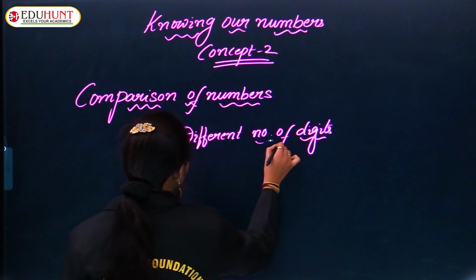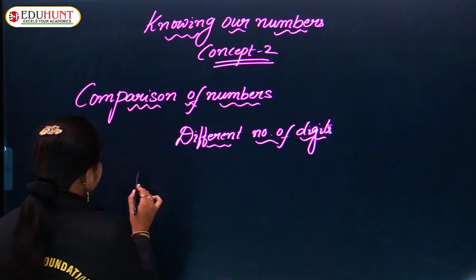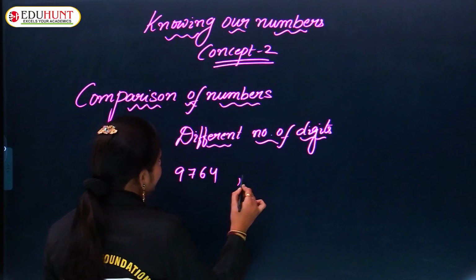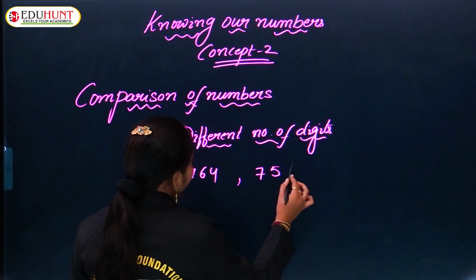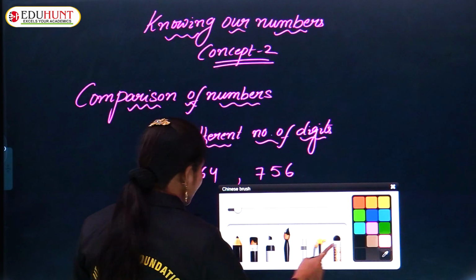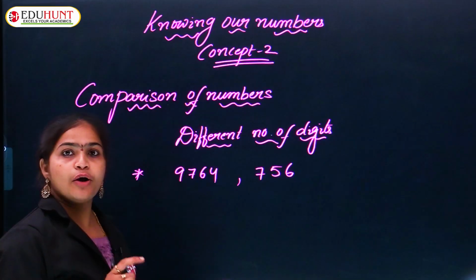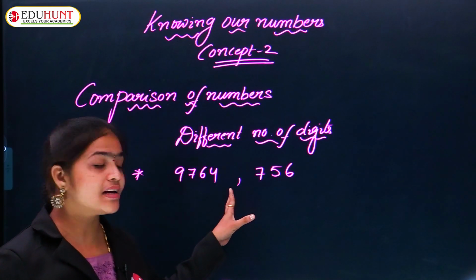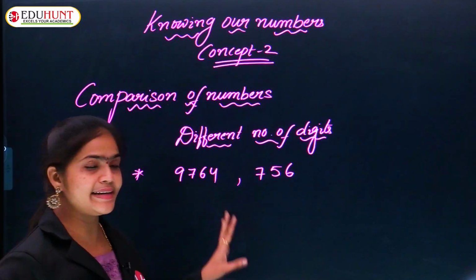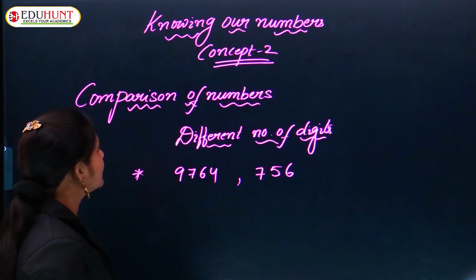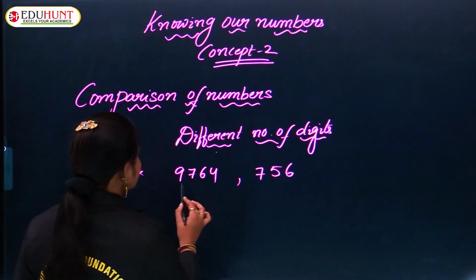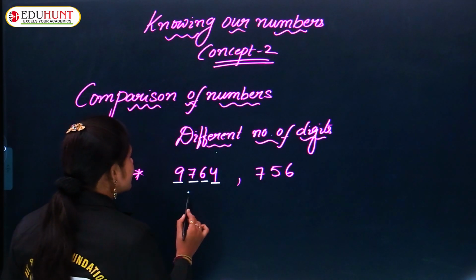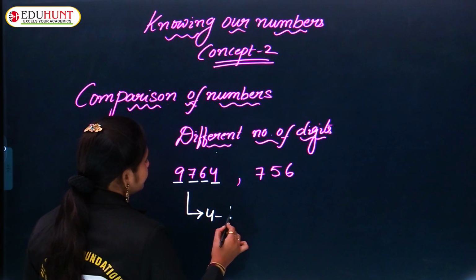Here, different number of digits means, see, 9764 and 756. Two numbers are there. How to compare these two numbers? How many digits are there? 4 digits, which means this is a 4 digit number.